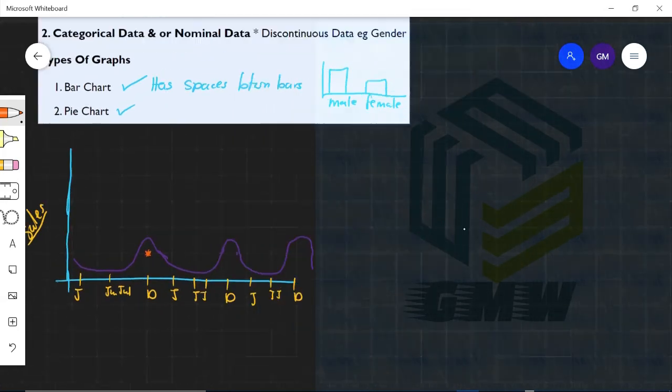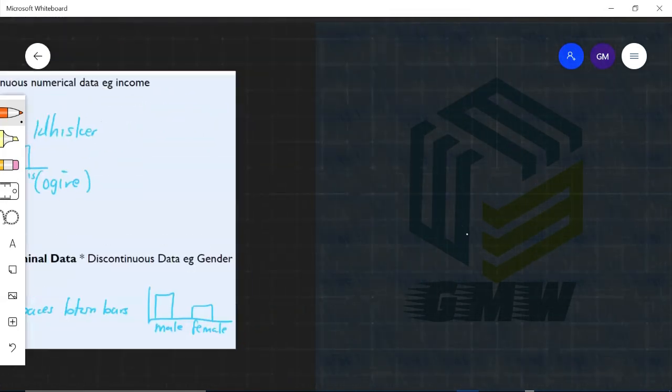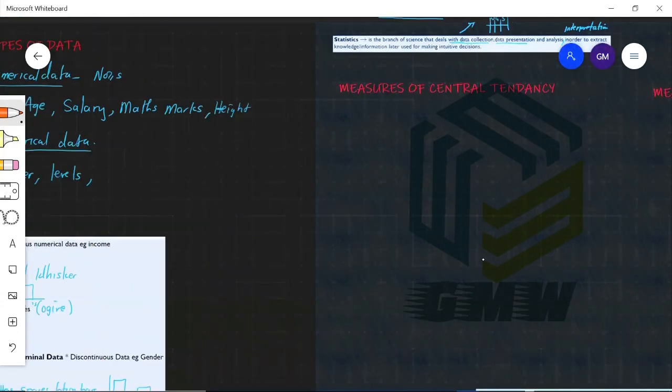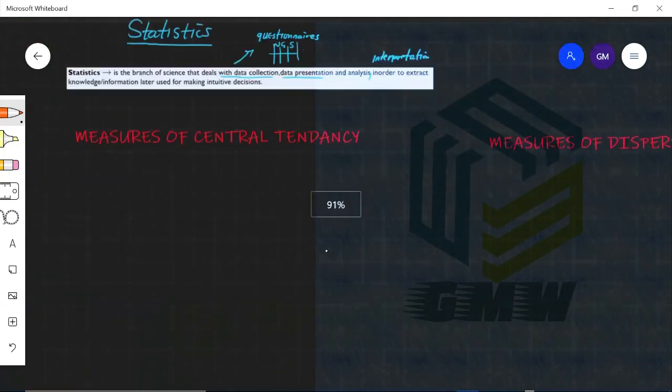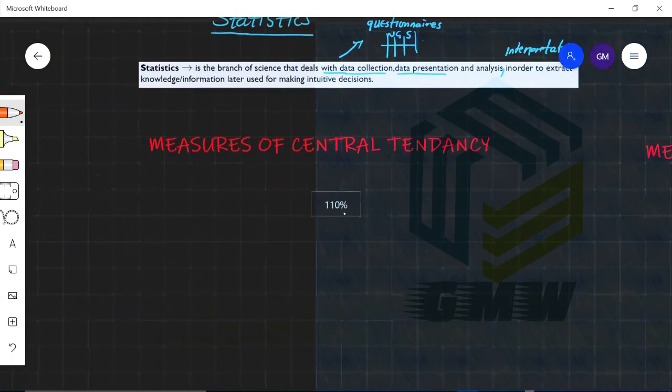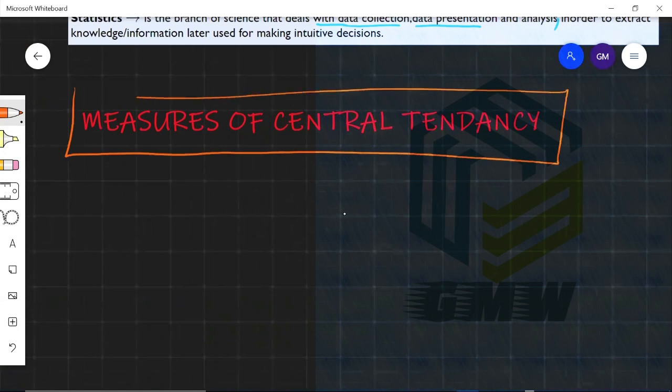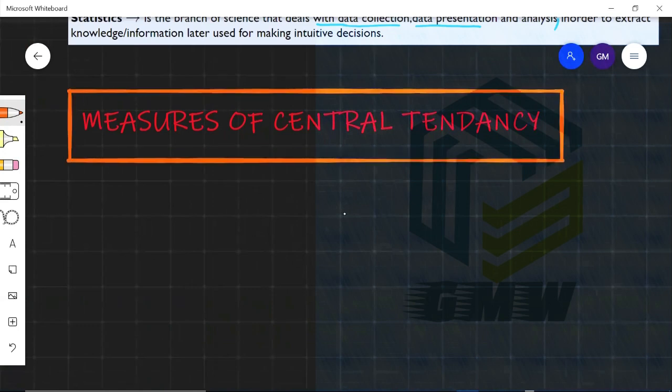Now, for our lesson, we want to look into the analysis part. When you are given data, you guys are math people; you are the ones who sit down and do the statistics, okay? So we have what we call measures of central tendency: your mean, your mode, and your median.